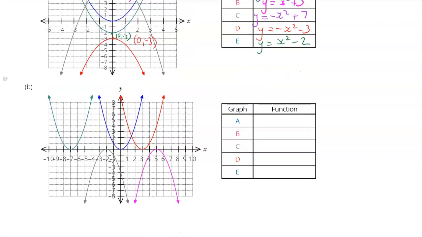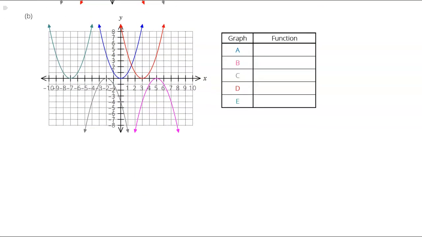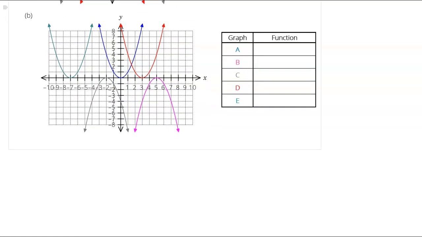So they're a whole heap of ones which are just a vertical translation. I think they were the ones that were hidden on the original document. And then these ones are just horizontal translations. Just very quickly, I'm not even going to bother with colours. Graph A, the blue one, is your standard x squared. Graph B, which is the pink one, will be negative, and it's a shift to the right 5.